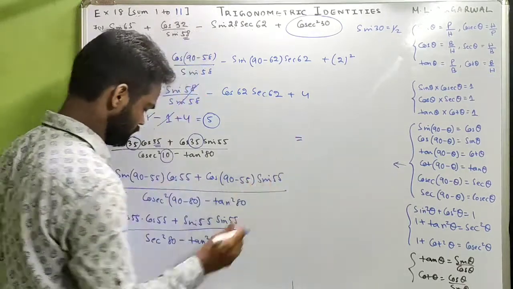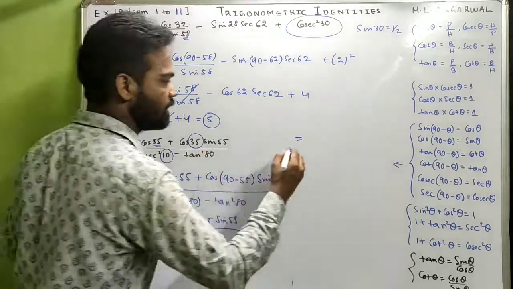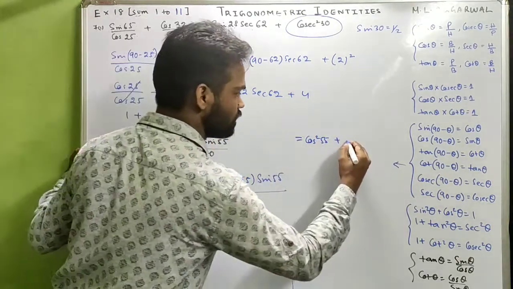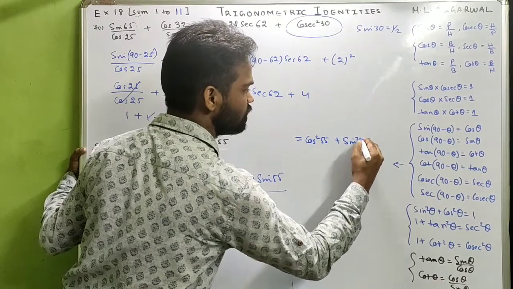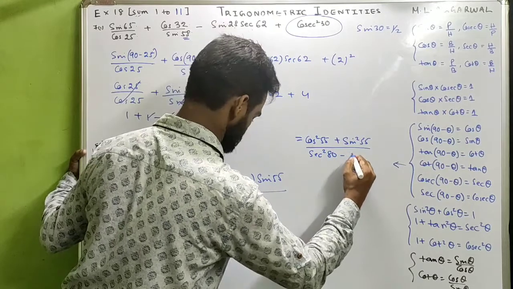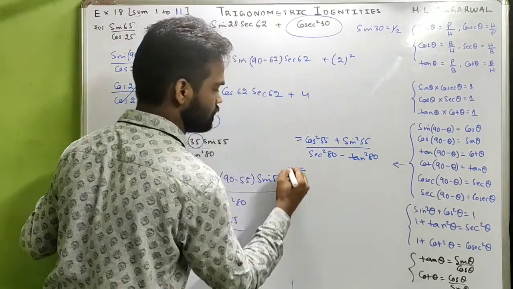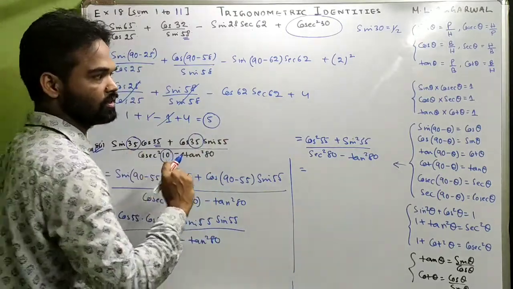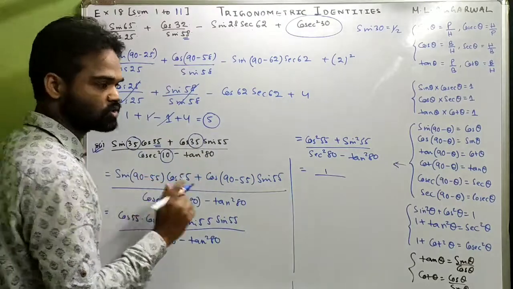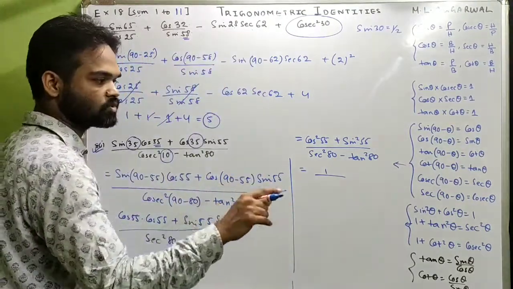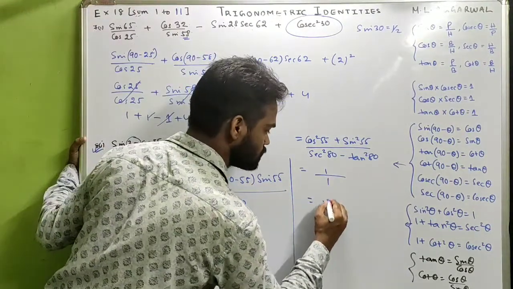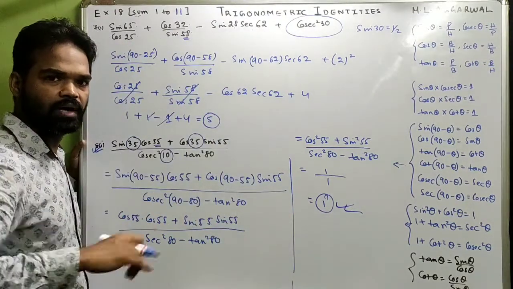Now if you look carefully, cos 55 multiplied by cos 55 becomes cos square 55 plus sin 55 multiplied by sin 55, that's sin square 55, by sec square 80 minus tan square 80. Now look carefully, cos square theta plus sin square theta, identity, is 1. Sec square theta minus tan square theta: 1 plus tan square theta is sec square theta, so if tan goes to that side, sec square theta minus tan square theta is 1. So that's your answer. Done.